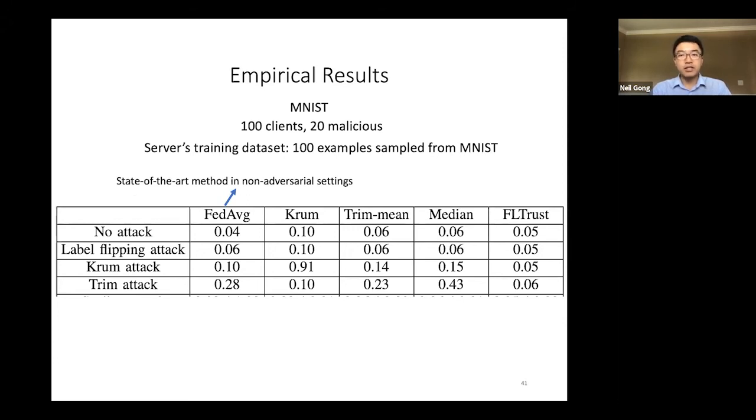Again, the numbers in the table are the testing error rates of the global models learned by different methods under different attacks. For example, this number 0.04 is the testing error rate of the global model learned by FedAvg under no attack.